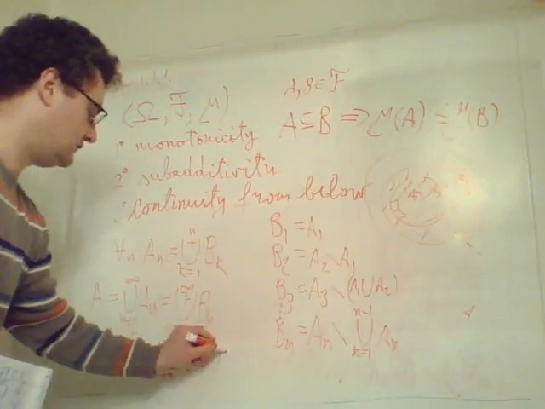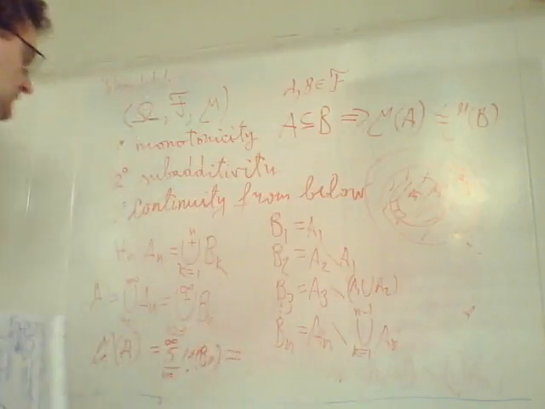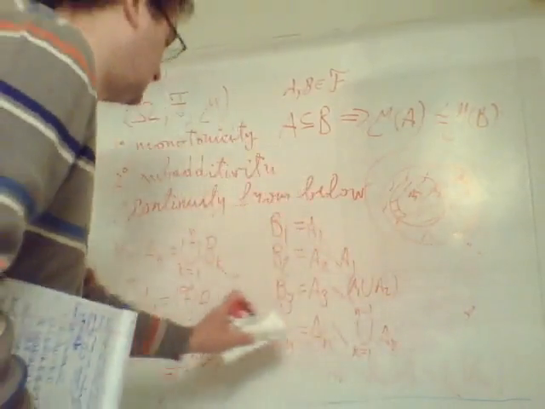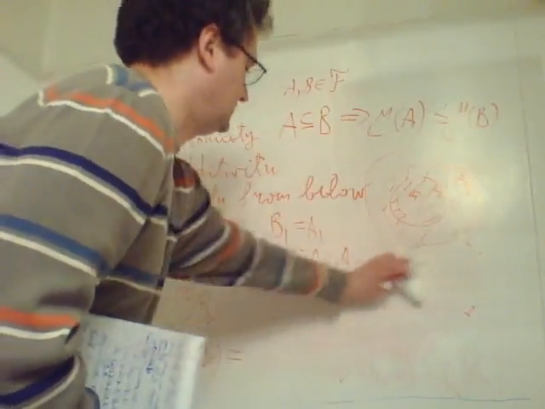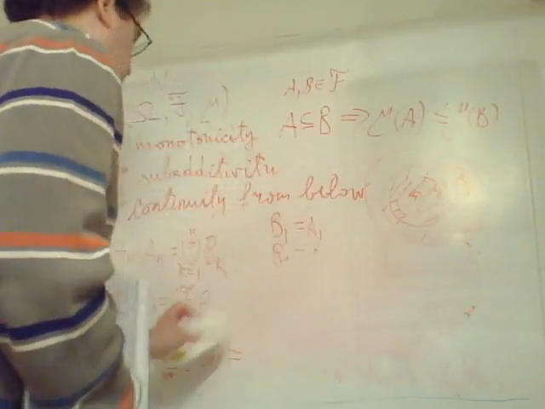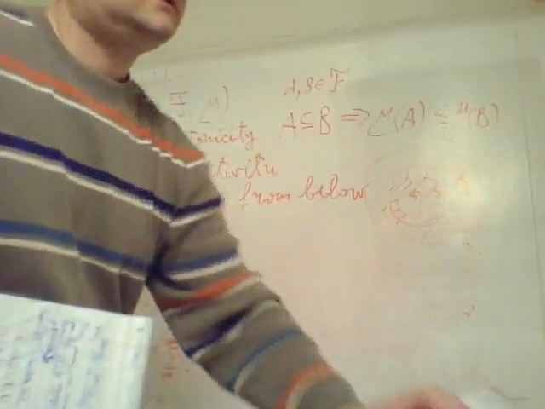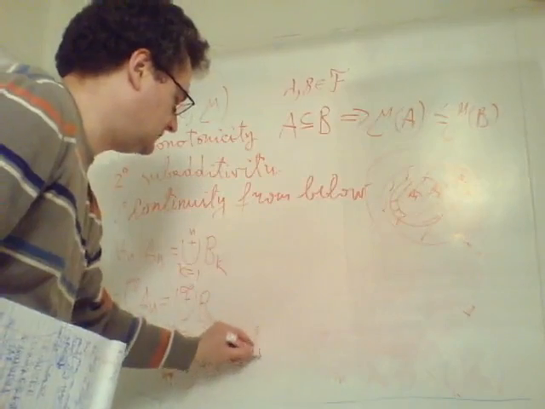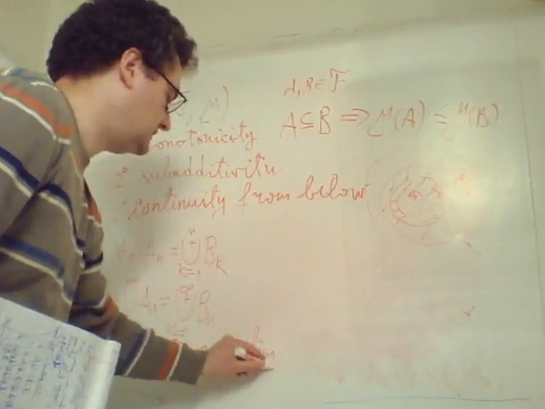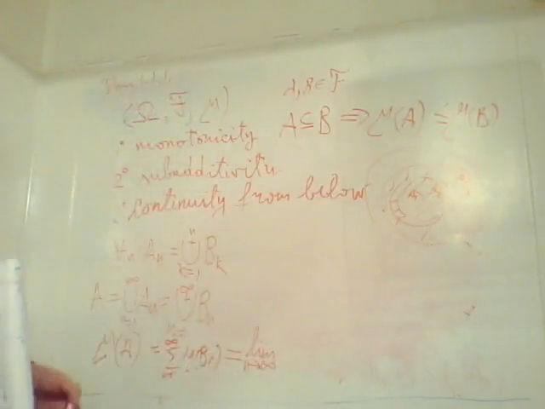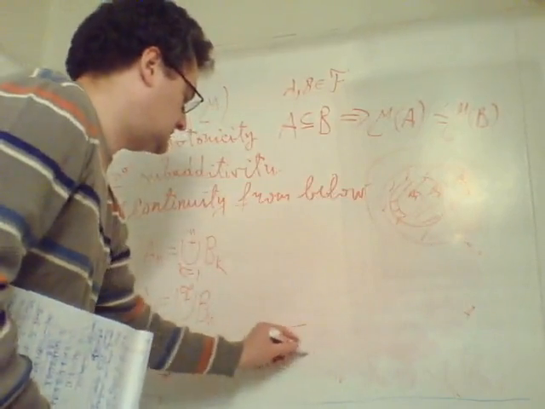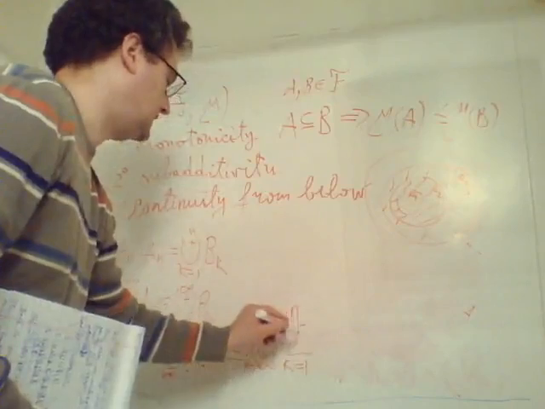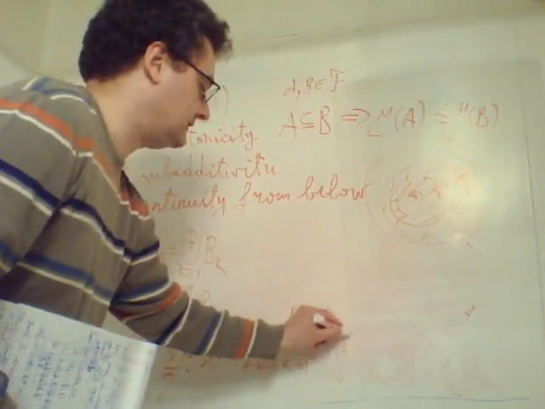Now we can just write the definition of the series. What's the definition of a series? It's a limit of partial sums. So this is a limit when n goes to infinity of the nth partial sum, which is the series k goes from 1 to n of mu of Bk.